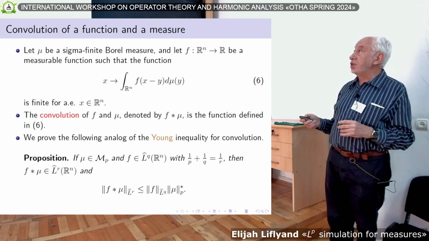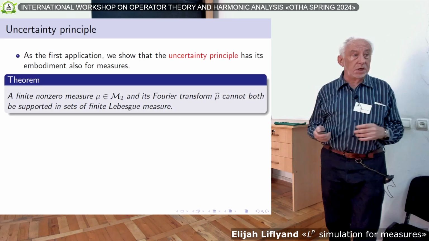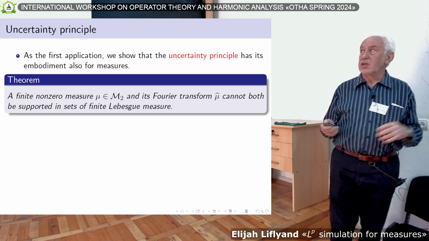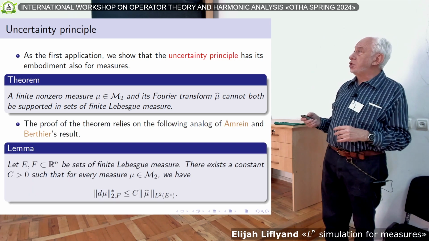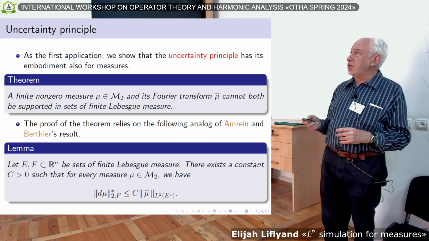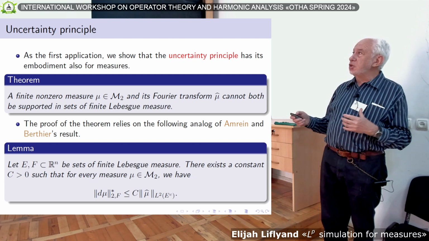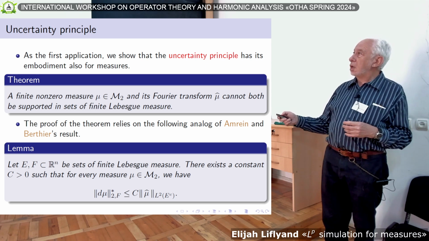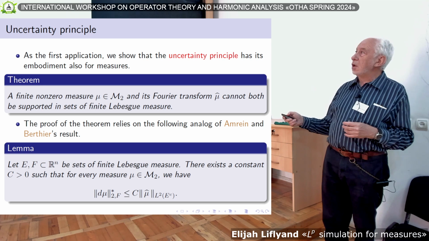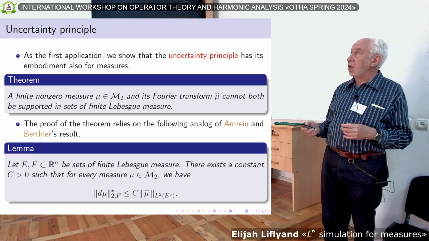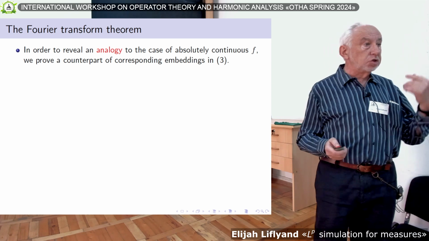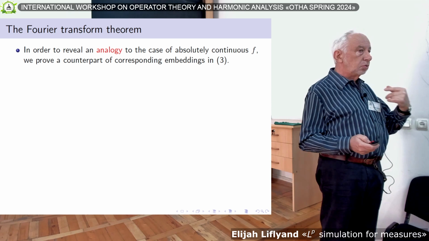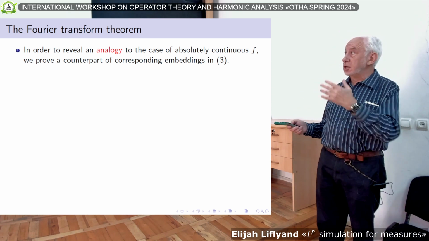One application is a version of an uncertainty principle. One of the classical notions of the uncertainty principle, known as the Amrein and Berthier result, is used for this version. And finally, the solution of that initial problem, which motivated us to work in this direction.